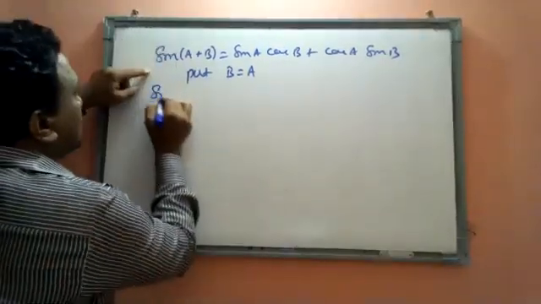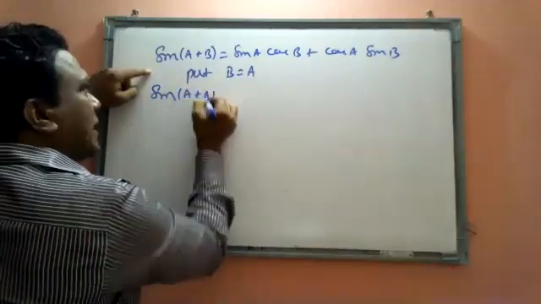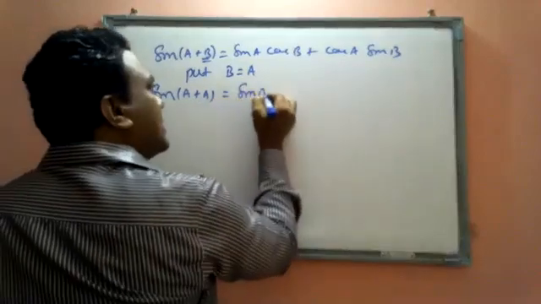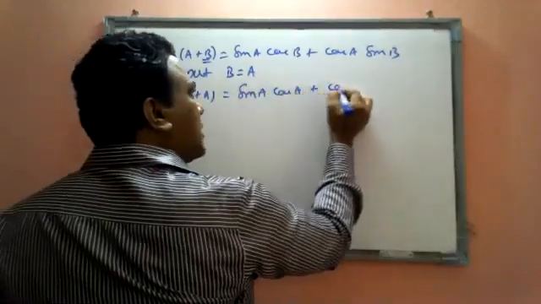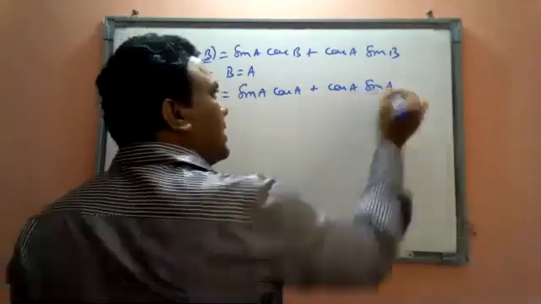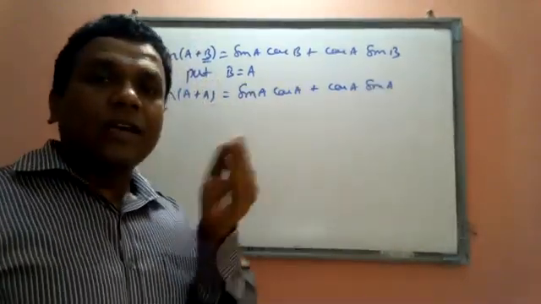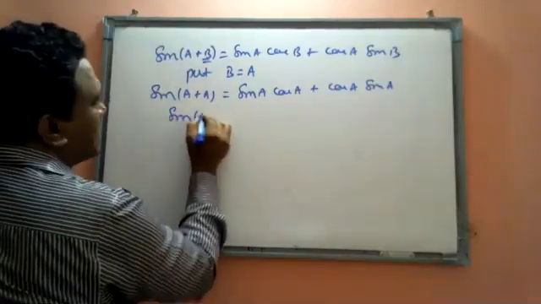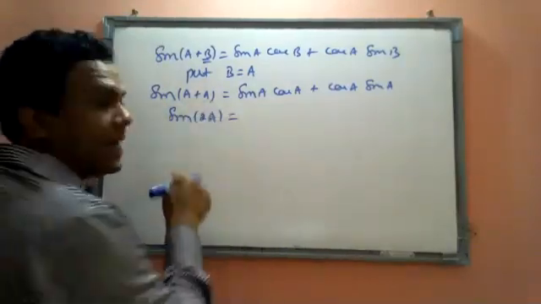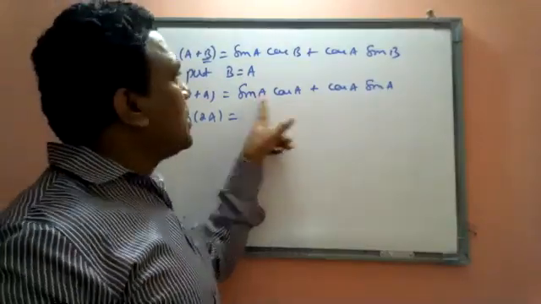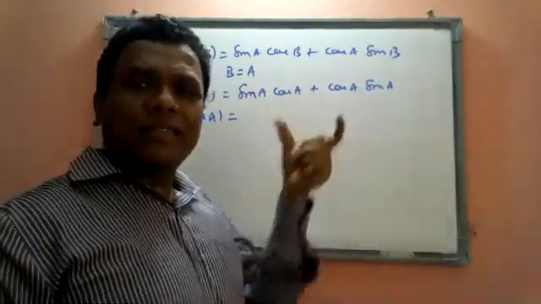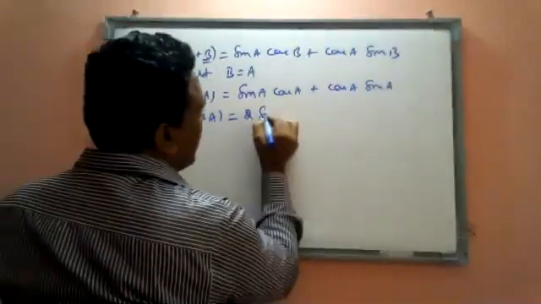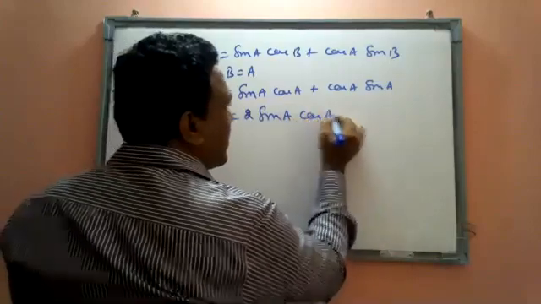So this becomes sin of a plus a. Similarly, the right side is sin a cos a plus cos a sin a. It's just a small substitution, writing b as a. So this becomes sin 2a, since a plus a is 2a. On the right, sin a cos a plus cos a sin a is the same term repeated twice, so I can add them and write 2 sin a cos a.